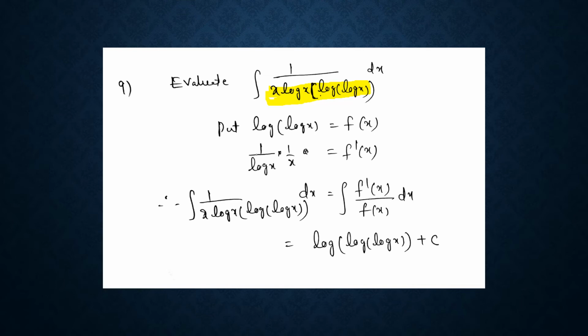If we take log of log x as f of x, then what is f dash x? The derivative of log x is 1 by log x into d by dx of log x, which is 1 by x. That is 1 by x log x dx is equal to f dash x.